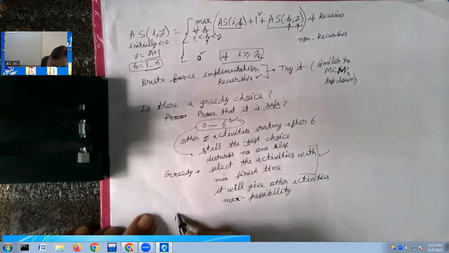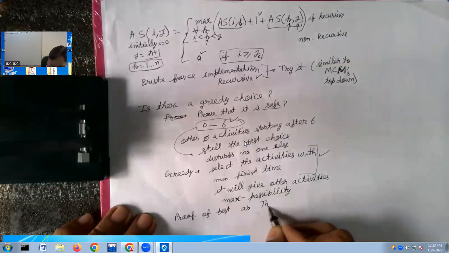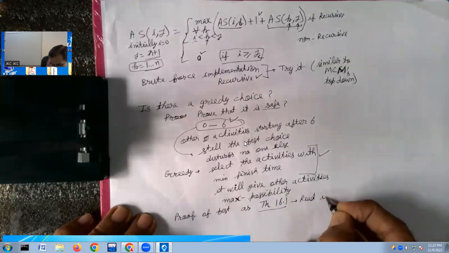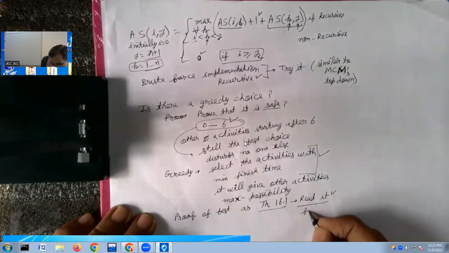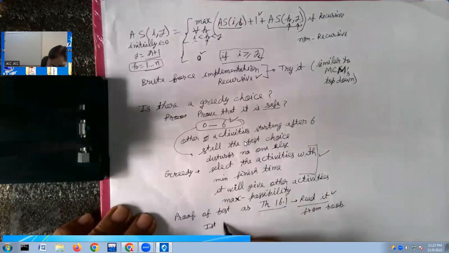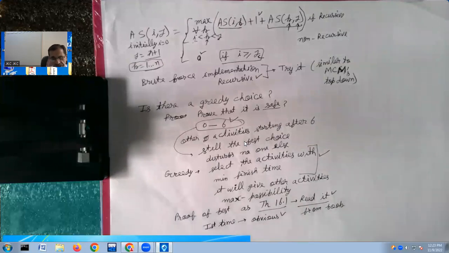For example, the proof of this greedy choice being the best is given as a theorem 16.1 in your book. You must read that proof and understand it from the book. But what it says is that the first time, obviously, whichever job has finished earliest will be the best, no doubt about that, because once it is selected and executed, others are not disturbed, so they can be taken.